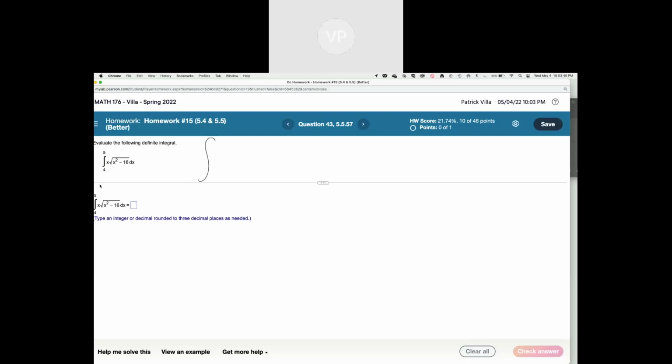So we're integrating from 4 to 5 of the function x square root of x squared minus 16 dx. Okay, so like earlier, we're doing the u substitution where I'm going to let u be the inside piece. So du equals 2x dx.